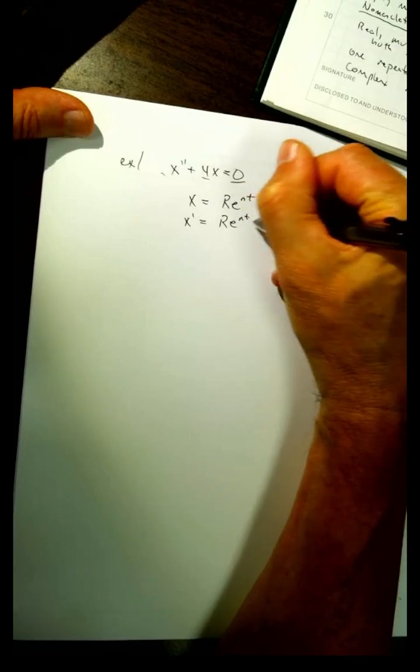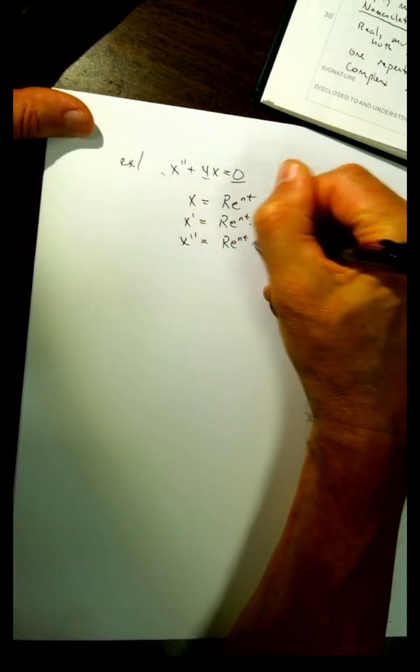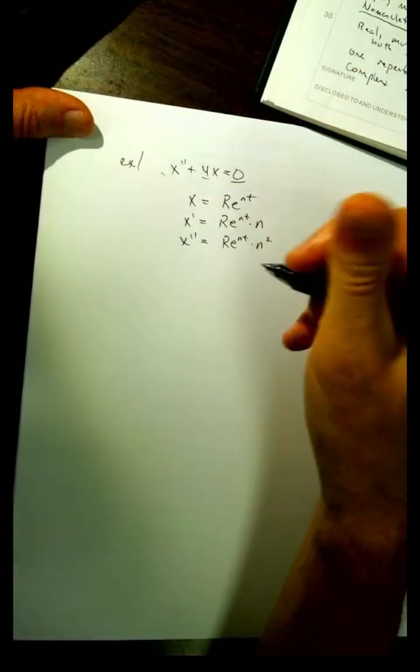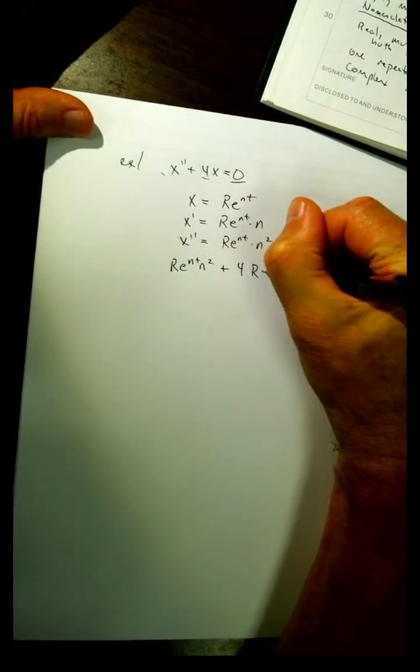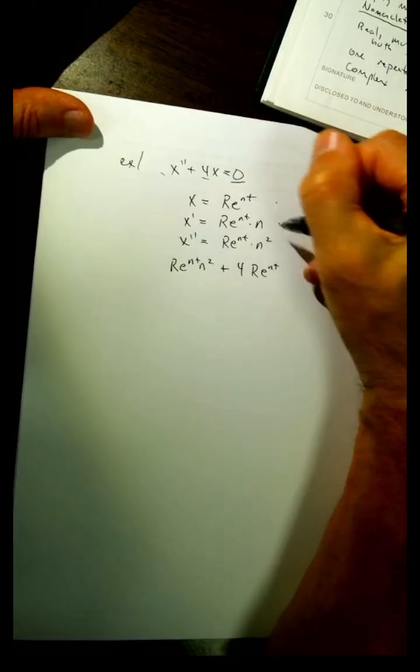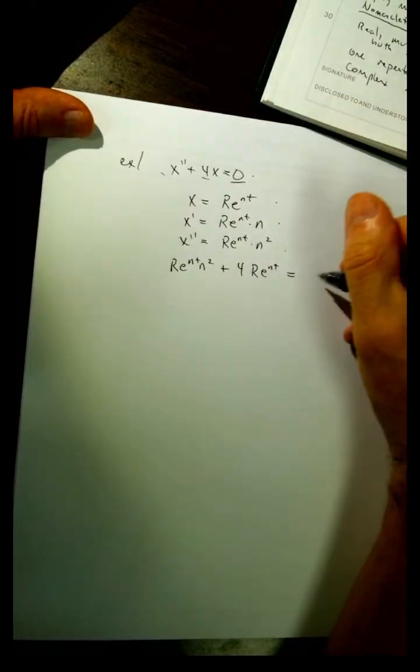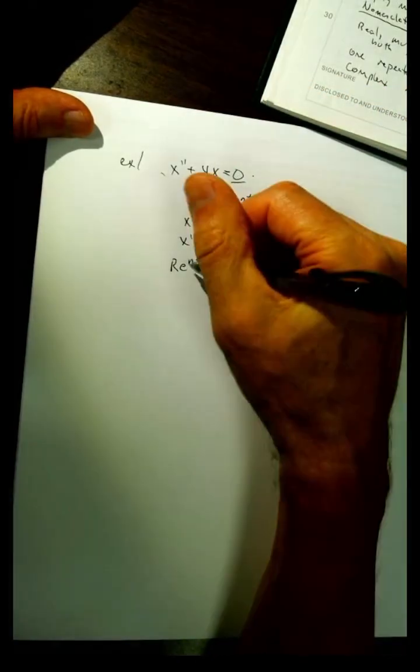I'm going to take the first derivative, get re to the nt times n. Take the second derivative, get re to the nt times n squared. Plug it back in. X double prime is re to the nt n squared plus 4x. X is re to the nt. I'm getting these from these three equations. That has to equal 0 in the original equation.